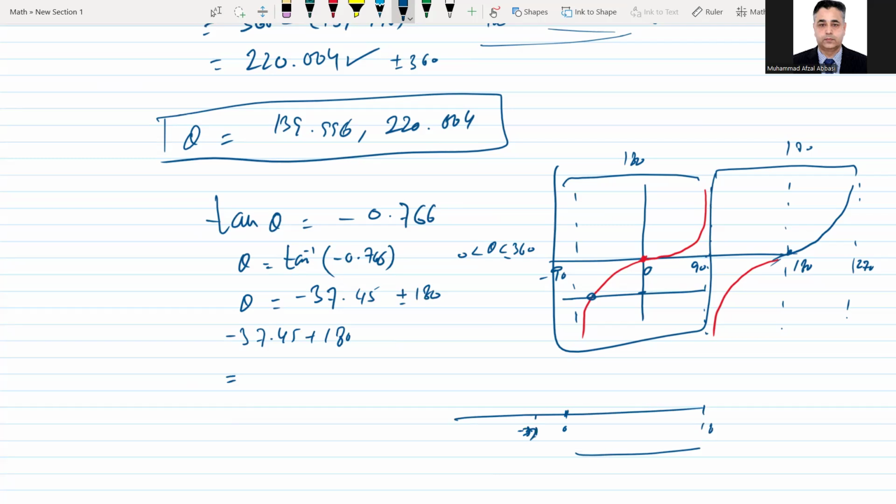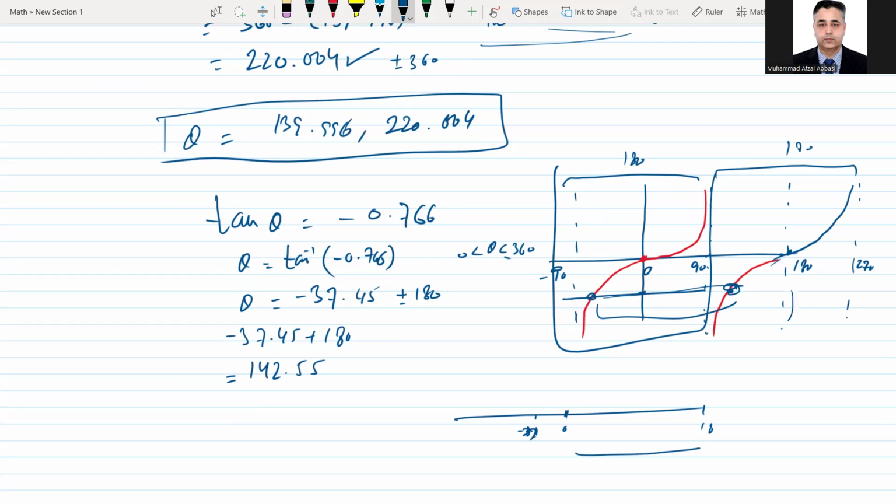If I add 180 to this, what will we get? We get 142.55. So it means I'll jump to the point which is similar to this. If I jump, I will get somewhere here. This is 180 degrees away.